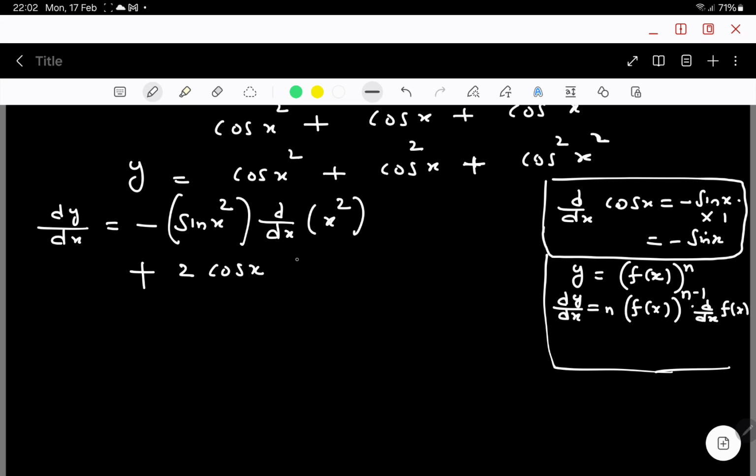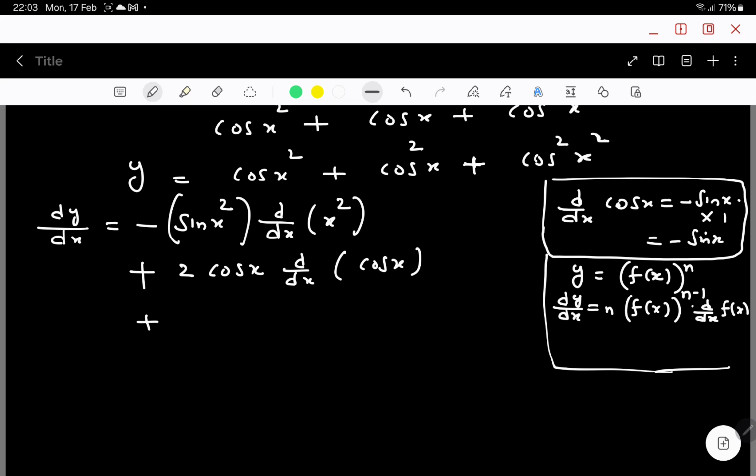Don't stop, continue this. Again differentiating this cos x, that is f of x. Here f of x is cos x, so d by dx of cos x, plus over next one, cos square x square.